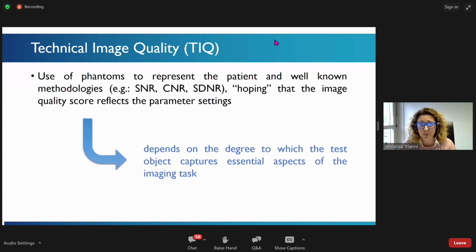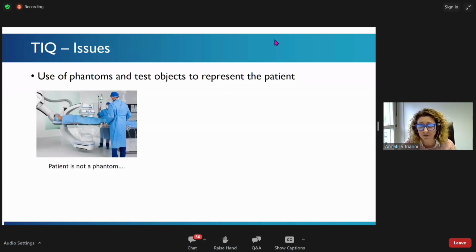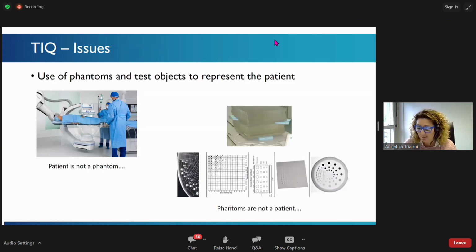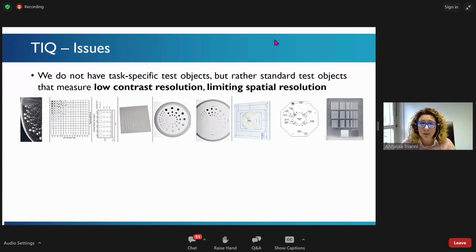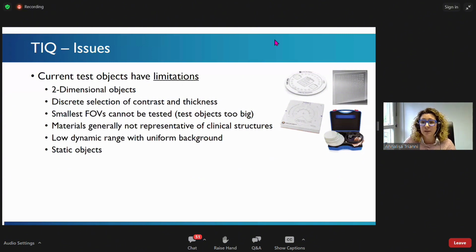These are the issues, because we use phantoms and test objects to represent the patient, but the patient is not a phantom, and phantoms are not really patients. We don't have specific test objects, but rather we have standard test objects that can measure low contrast resolution and limited spatial resolution. These objects currently have limitations.